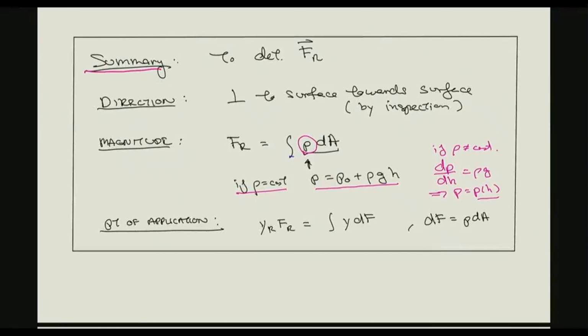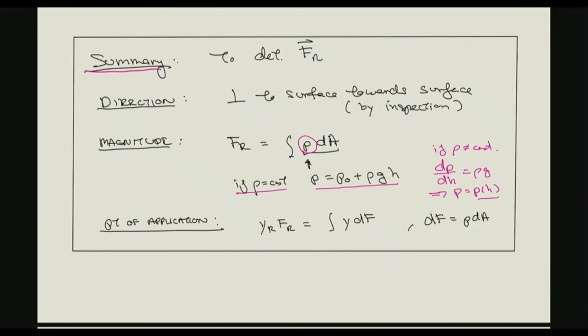I summarized here how to determine this resultant force. The direction is by inspection. For the magnitude, we change that equation to the magnitude and just take the integral of pressure over the area. If density is constant, we can use this expression for pressure, with h being the coordinate depth.